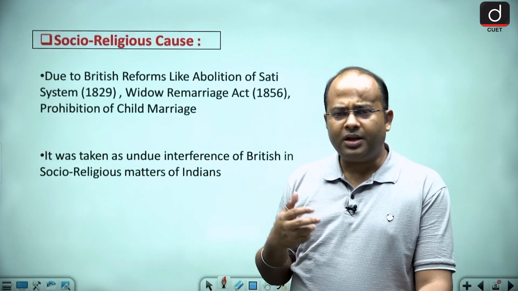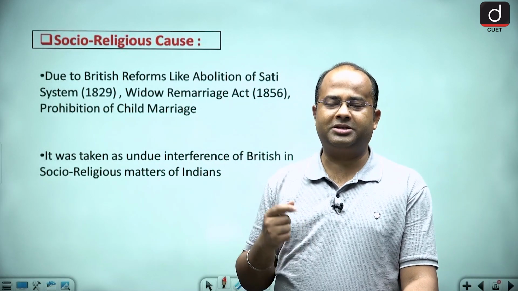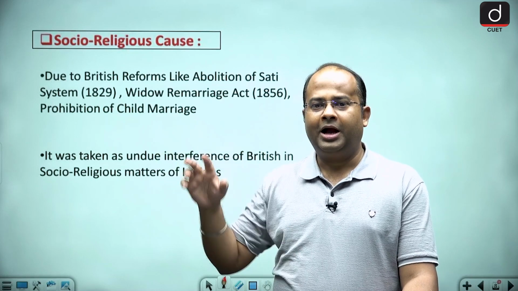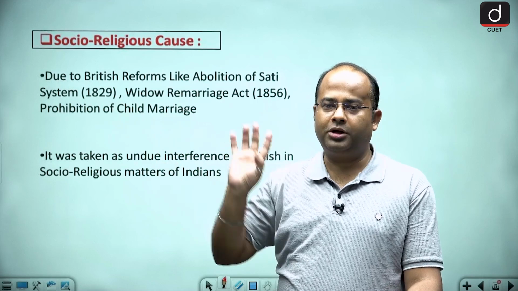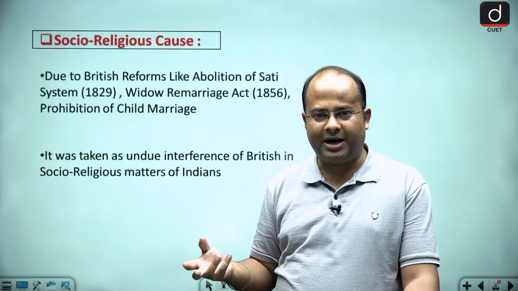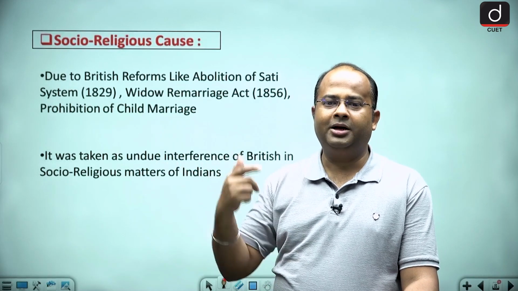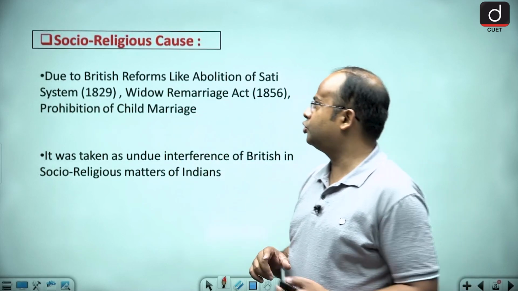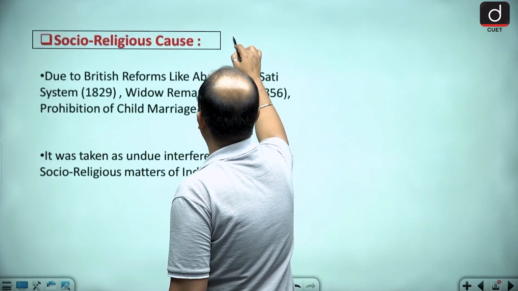So the Orthodox Hindus and Muslims became dissatisfied with the reforms of the British government, and finally this ignited a spark in their hearts and minds, and that led to the revolt of 1857.